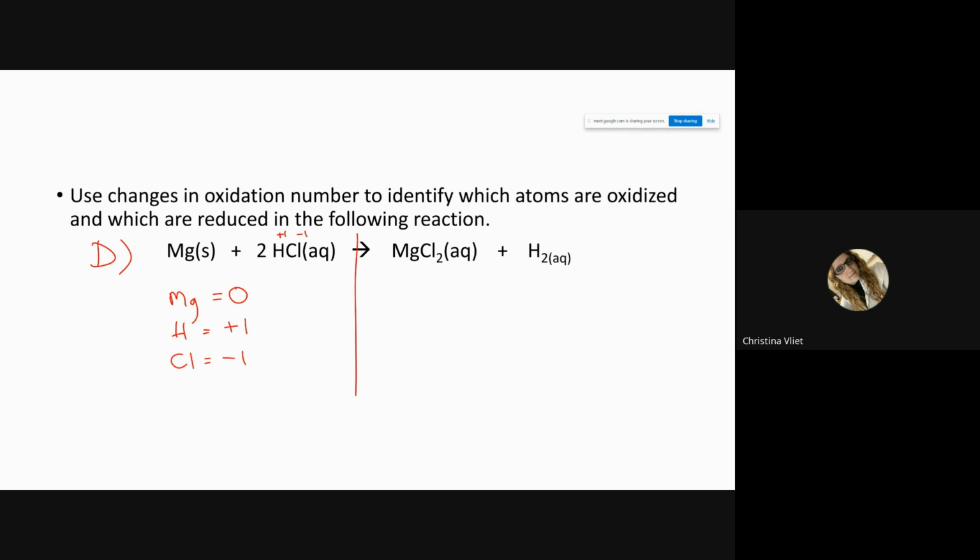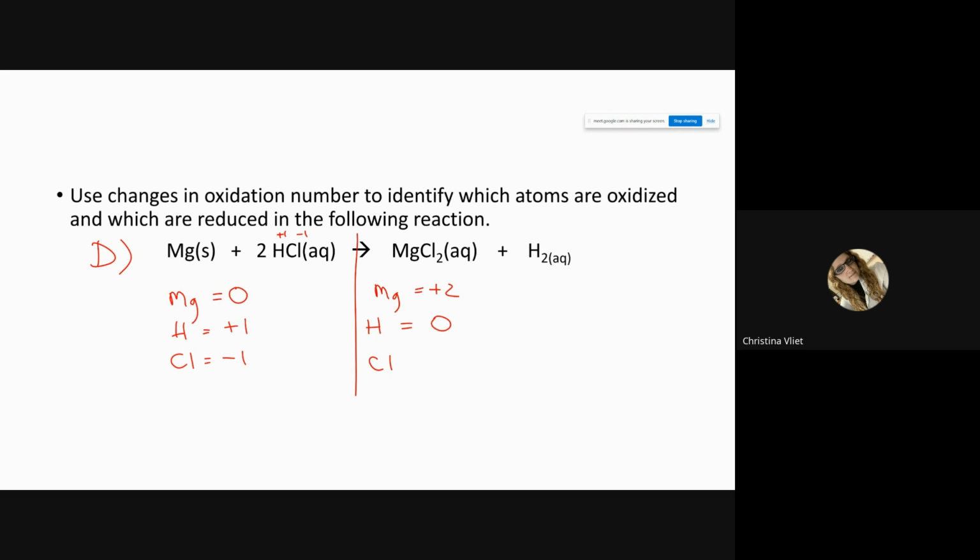On your product side, I always line up my elements to match each other so I can easily see what's going on. What's my charge of magnesium on the product side? It's in an ionic compound, so you go to your periodic table and you find that it's +2. Hydrogen here is 0. And chlorine here is what? -1.